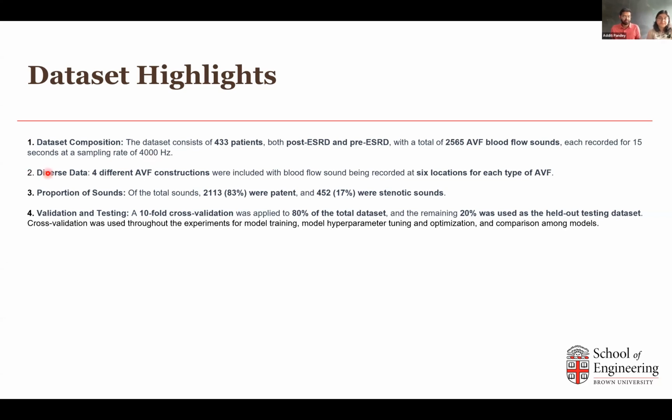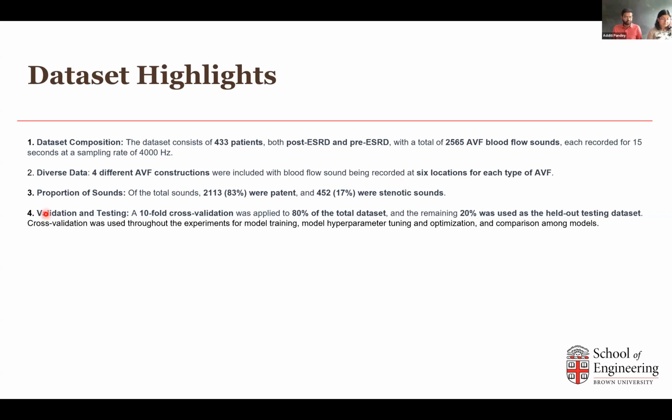There was also diversity in the data. Four different AVF constructions were included in the blood flow sound recordings, and at each AVF construction site, 6 locations were recorded to identify where the stenosis is developing along the AVF.